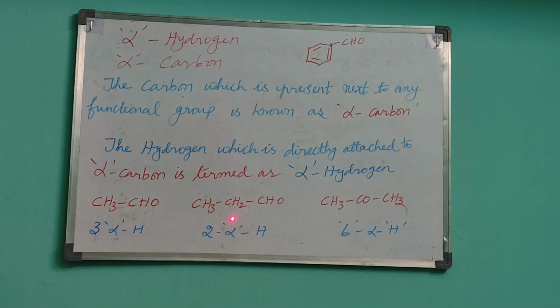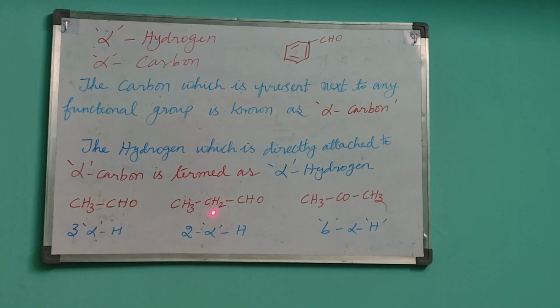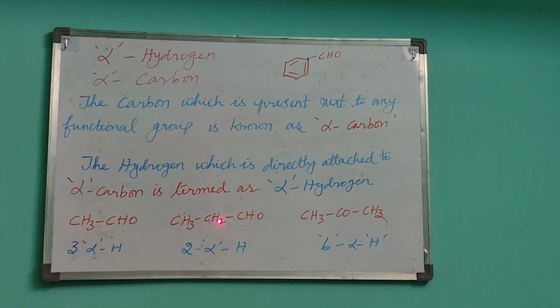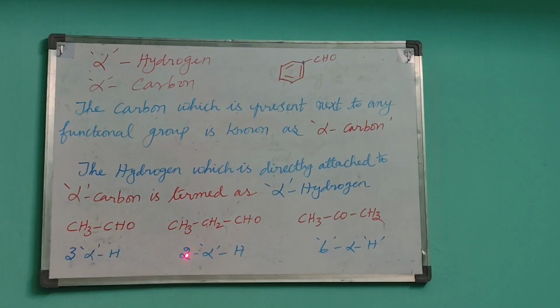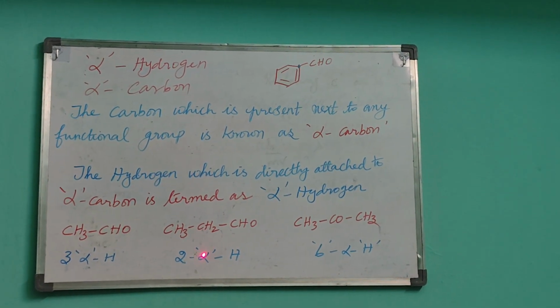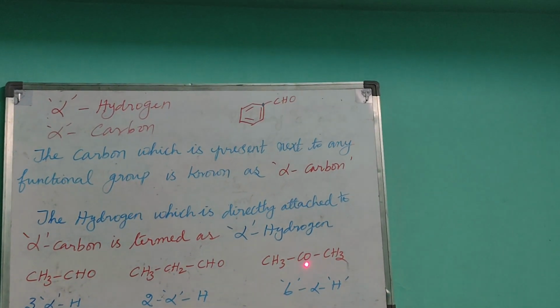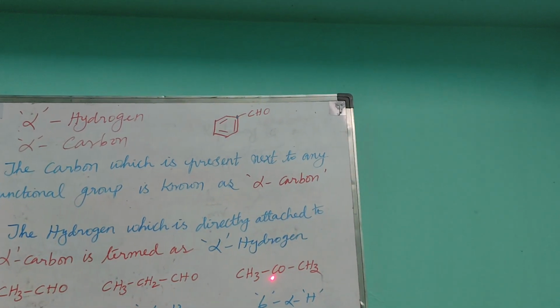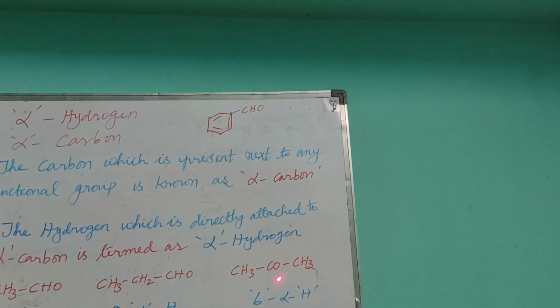Coming to the second compound, this is the alpha carbon. Two hydrogens are directly attached to this alpha carbon. Therefore, 2 alpha hydrogens are present, right? Coming to this compound, we know that carbons on either side are directly attached to the functional group.